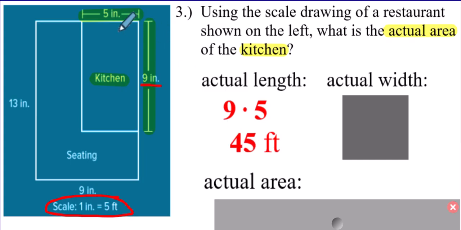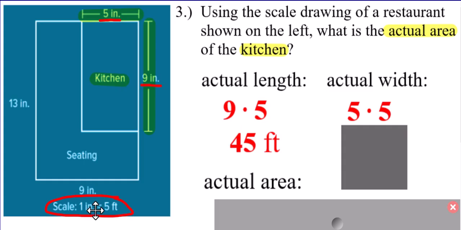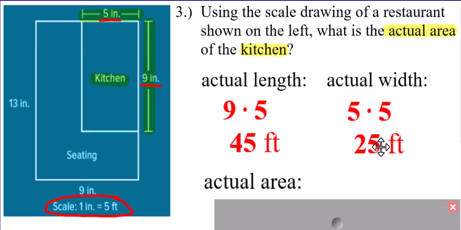Now, for the actual width, we know it's 5 inches wide on the drawing, but every 1 inch is 5 feet. So we're going to take 5 inches times 5, because the scale told us 1 inch equals 5 feet, so times 5. And don't need a calculator for that, 25 feet.